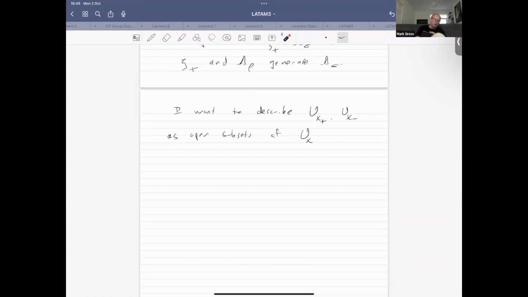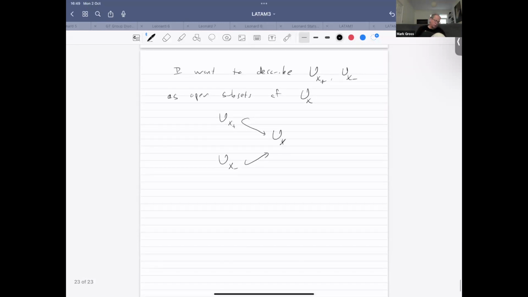And so I want to define maps. So in other words, I want inclusions ux plus included in ux and ux minus included in ux. And to do this, I just go to the level of the rings. Corresponding to this, I have the ring AI bracket lambda rho bracket z plus z minus modulo z plus z minus minus fx t to the x rho. That was the ring defining ux.